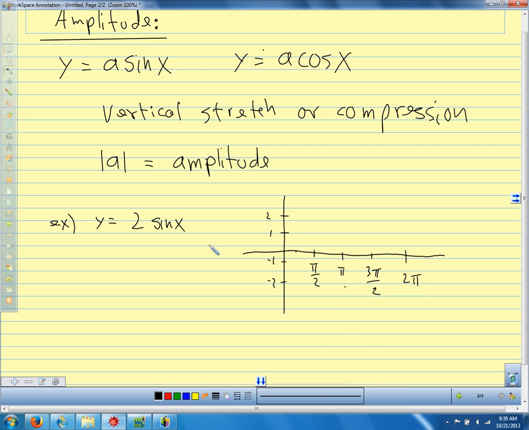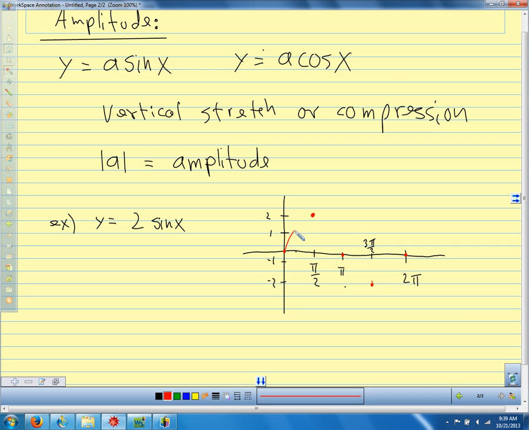And then I know that my sine graph starts out here at 0. It goes up to a maximum here. If I couldn't remember, I could plug in pi over 2 and say, oh, sine of pi over 2 is 1, and I'm multiplying that by 2, so that brings me up to 2. It's going to go to here, and I'm just going to move my 3 pi over 2 over a little bit, because my point goes down here, and then back here to 2 pi.